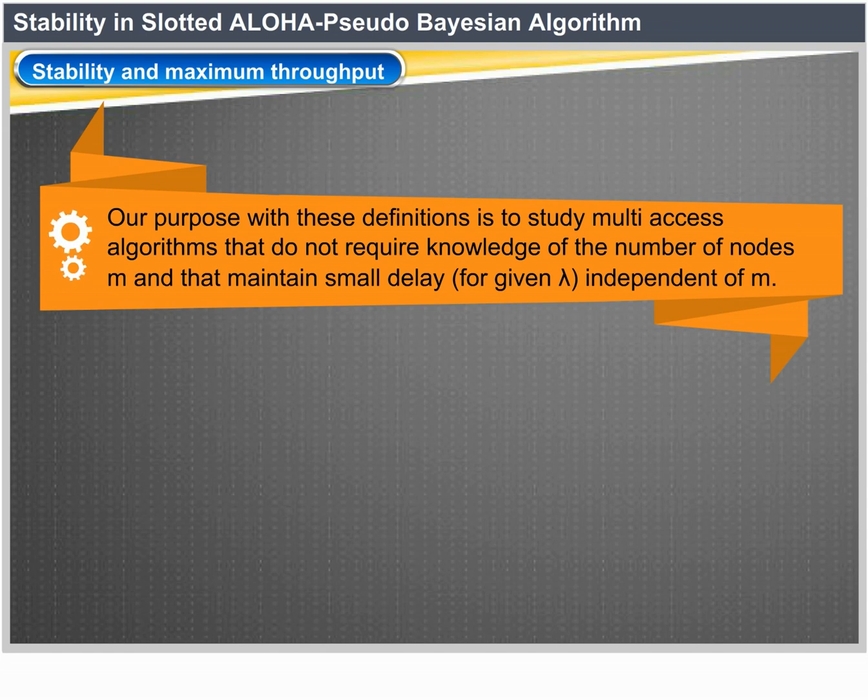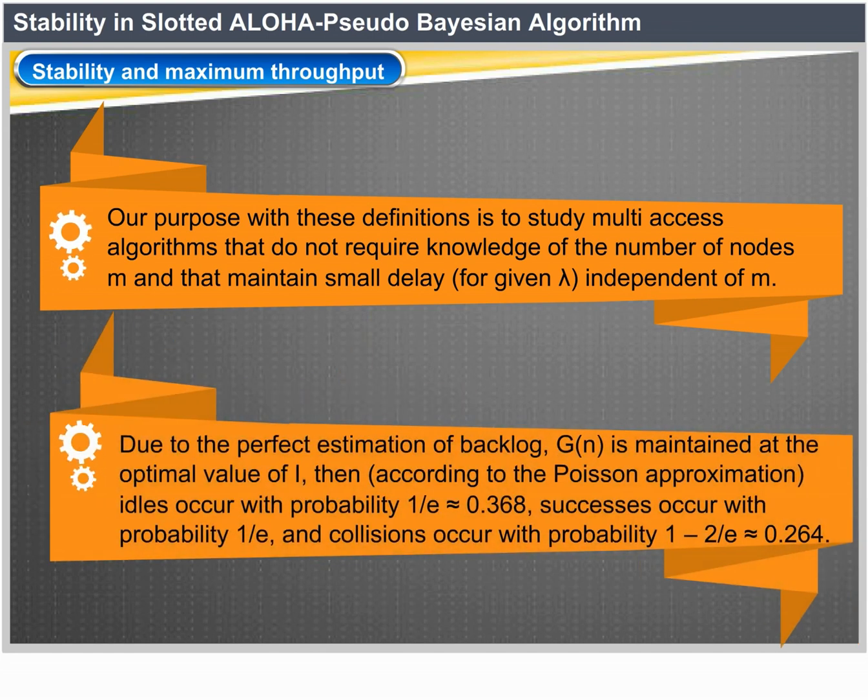When the estimate of backlog is perfect and g(n) is maintained at the optimal value of 1, then, according to the Poisson approximation, idles occur with probability 1/e, approximately equal to 0.368, successes occur with probability 1/e, and collisions occur with probability 1 minus 2/e, approximately equal to 0.264.